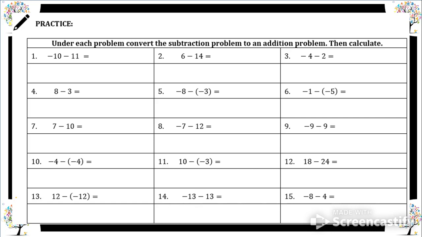Okay, so now make sure you apply the keep, change, change rule, and then you apply the addition rules. When signs are the same, add and keep. When signs are different, subtract and take the sign of the one you have more of.